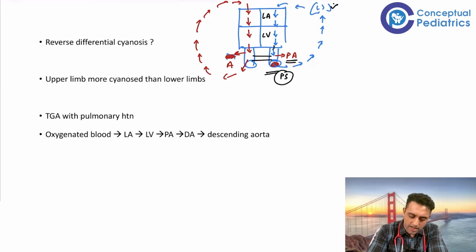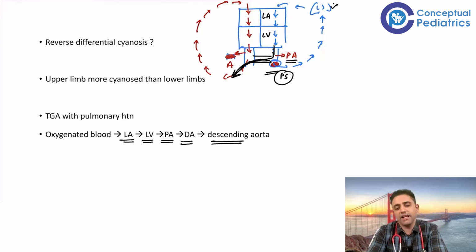Now this path is blocked. When this path is blocked, through the PDA the blood will go to the right side. So the blood goes from the left atrium to left ventricle to pulmonary artery, and from the ductus arteriosus to the descending aorta.